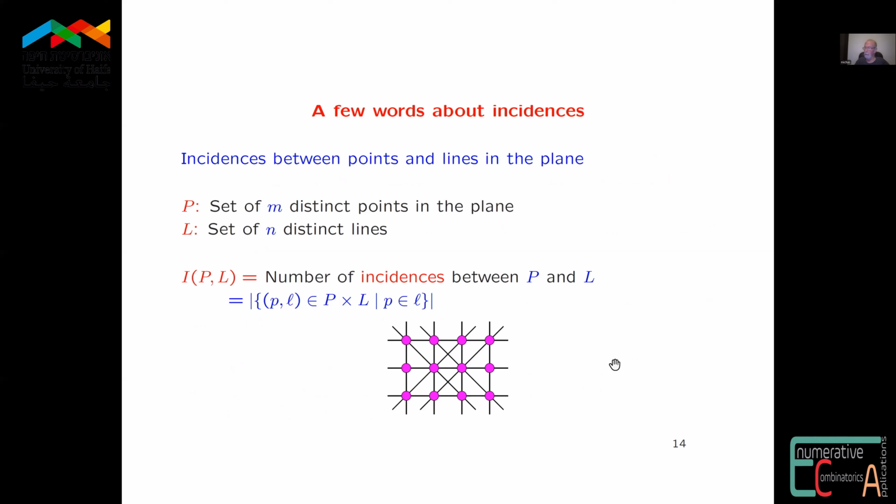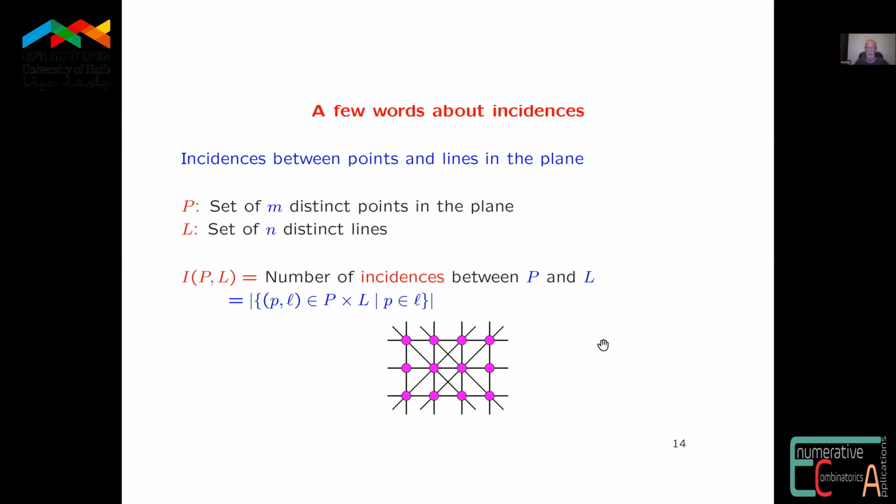Since I mentioned the word incidences, let me just make sure we agree on what it is. The simplest case would be points and lines in the plane. An incidence between a point and a line is simply a complicated way to say that the point lies on the line. In this example here, the middle horizontal line is incident to 4 points. This central point is incident to 4 lines and so on.